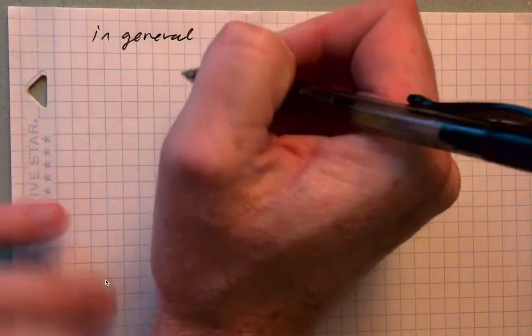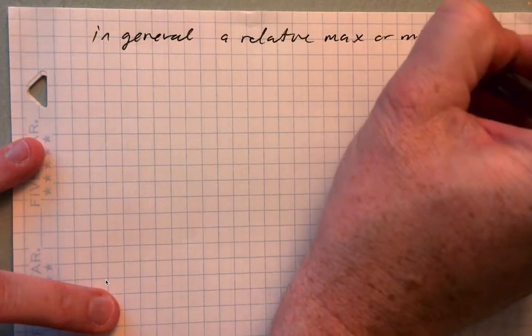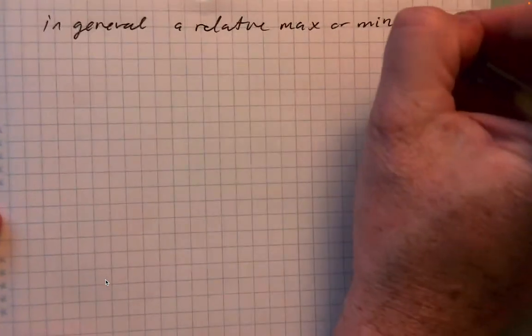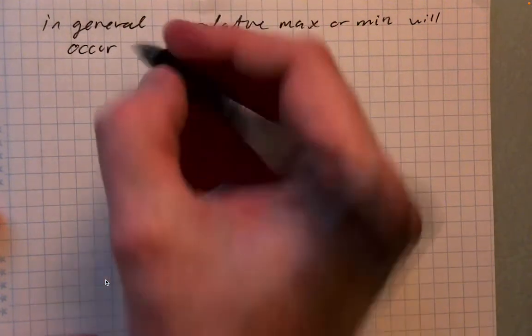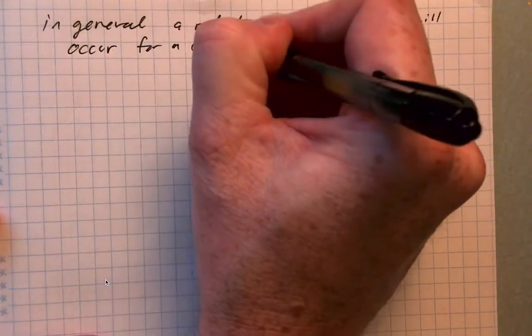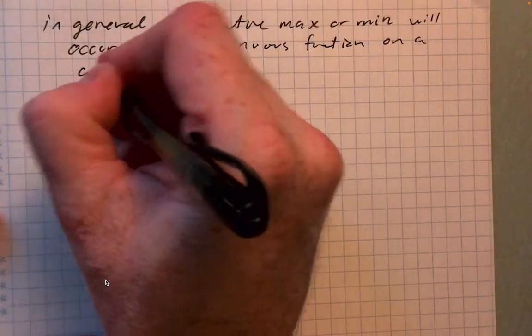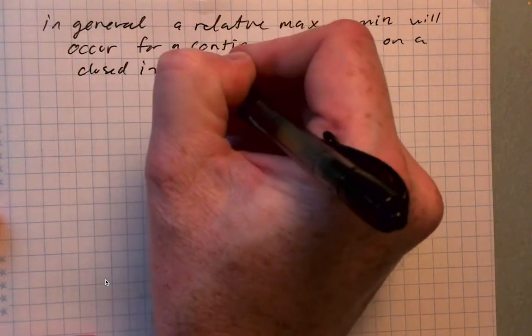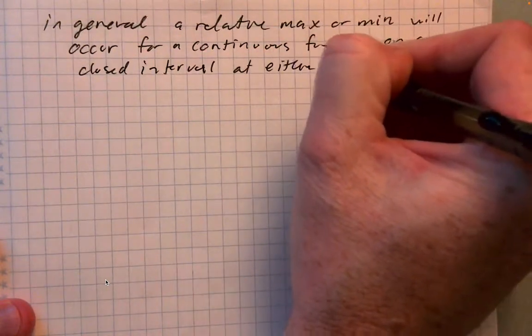And what can we say now? So in general, a relative max or min will occur for a continuous function on a closed interval at either the endpoints, right?